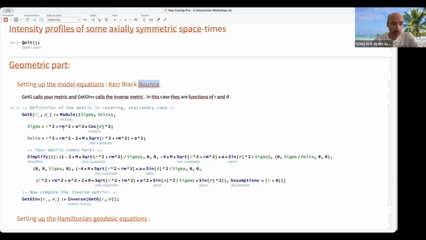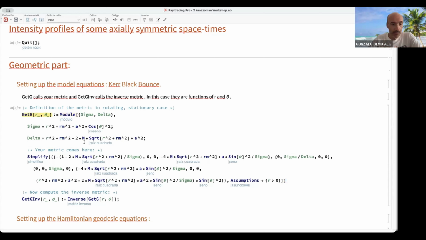So we can play with these parameters, with the mass, with the angular momentum of the black hole, and with the size of the wormhole throat, depending on the parameters, the internal structure, the minimum of the area functions. So the line element is defined here.